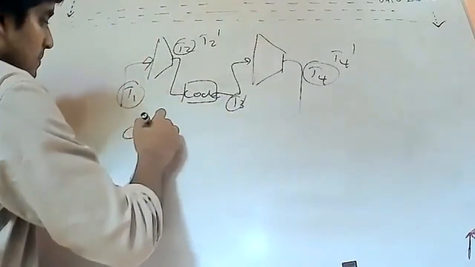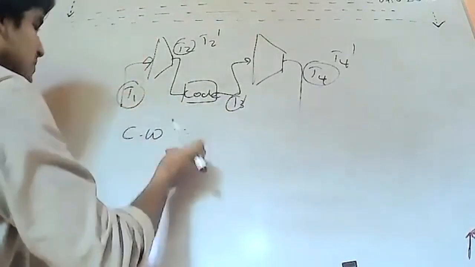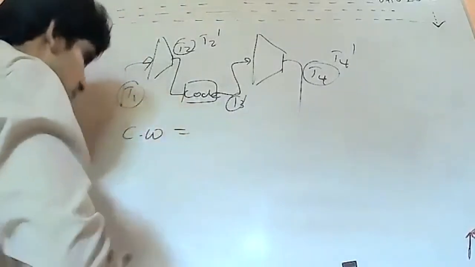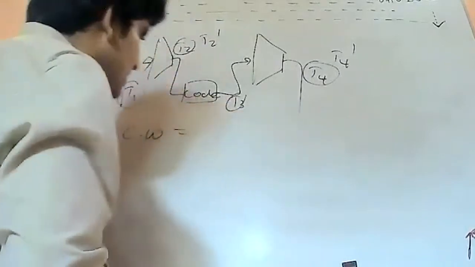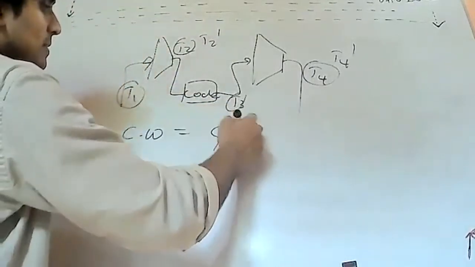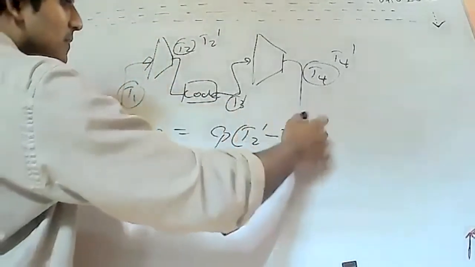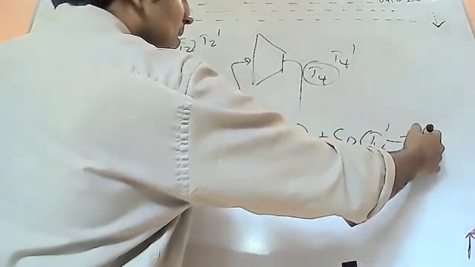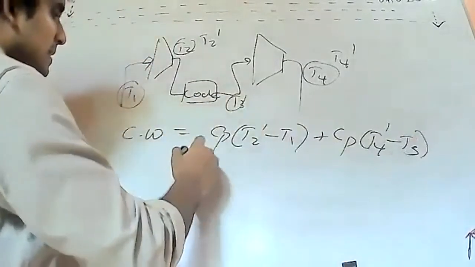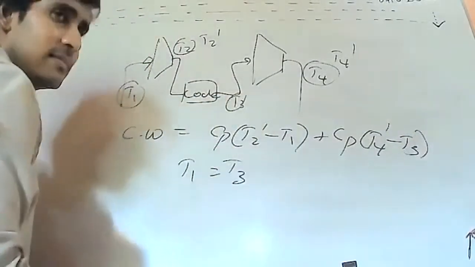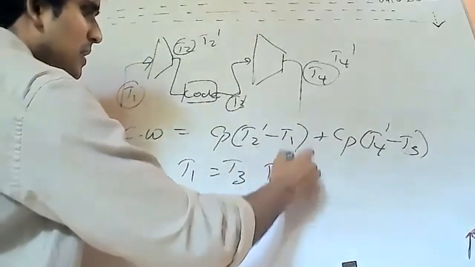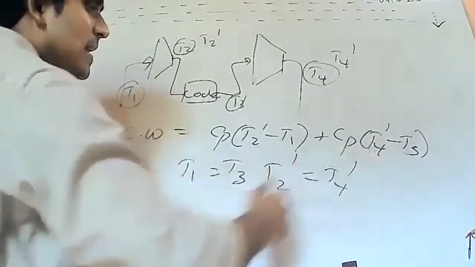So the work required to drive the compressors would be Cp times T2 dash minus T1, plus Cp times T4 dash minus T3. But guys, T1 equals T3 according to the TS diagram, so T2 dash equals T4 dash.